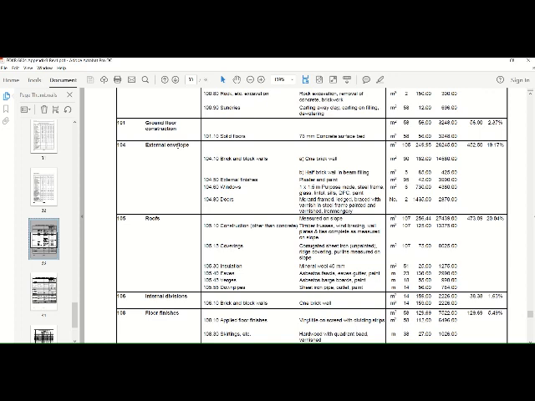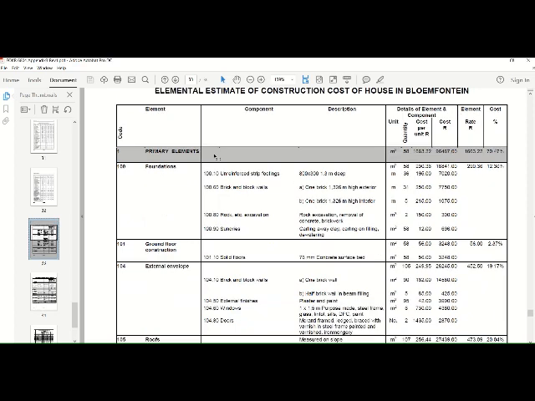So as an architect, you would have to have a bit of a feel of how things work, the overall estimation process.